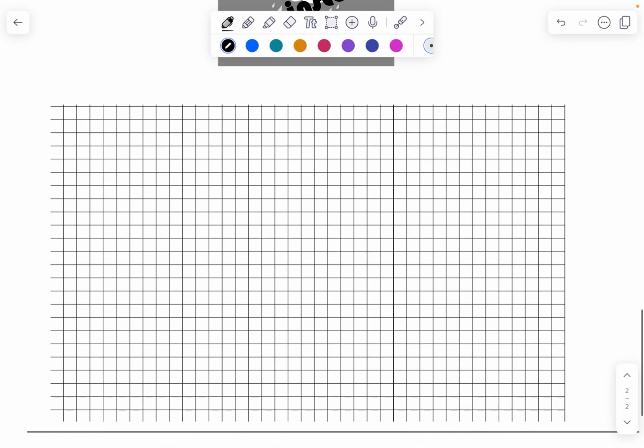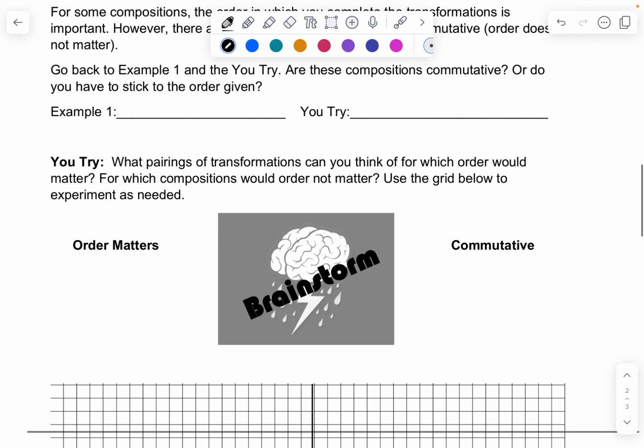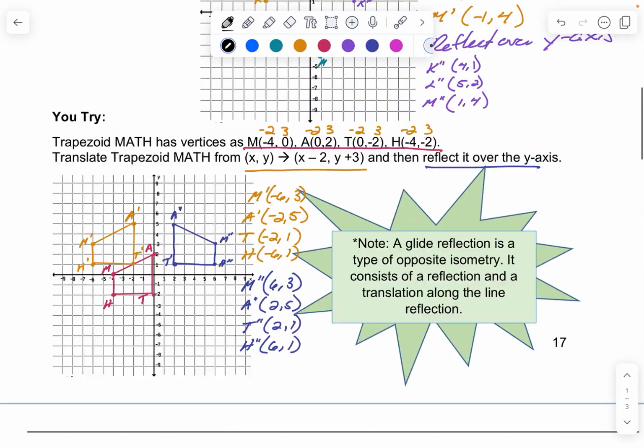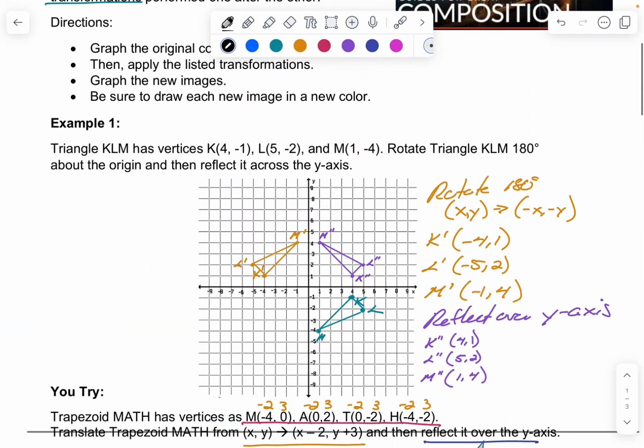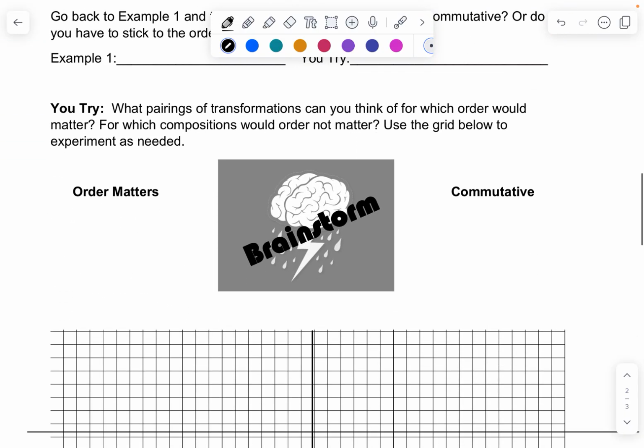Let's try it right here. So let's create a coordinate plane here. Let's investigate. Okay, so (4, -1), (5, -2).